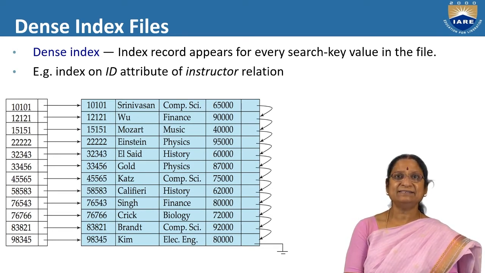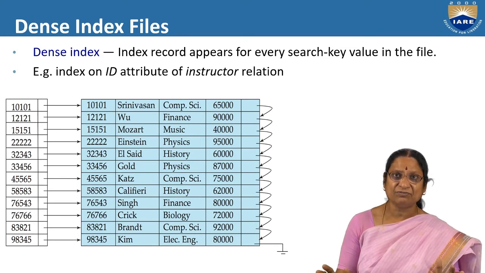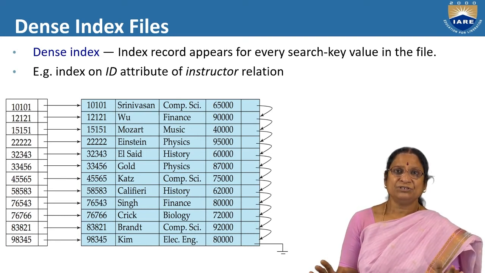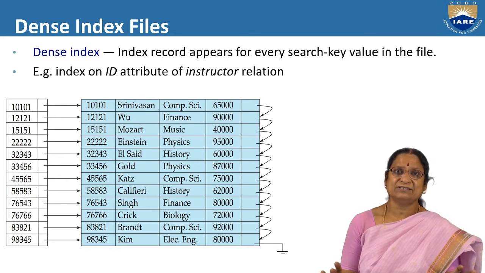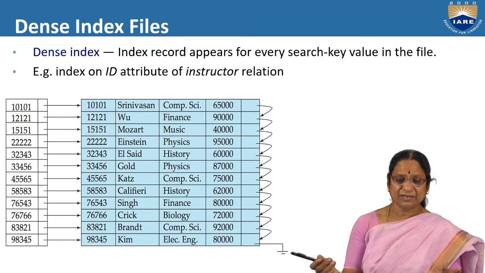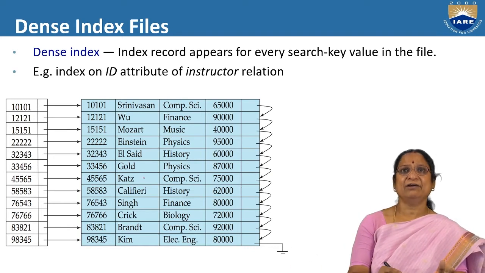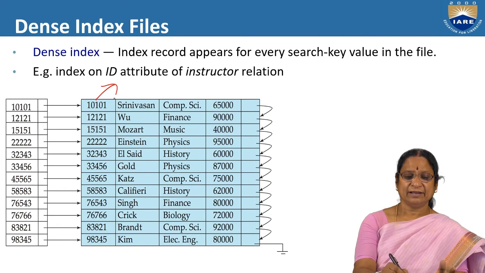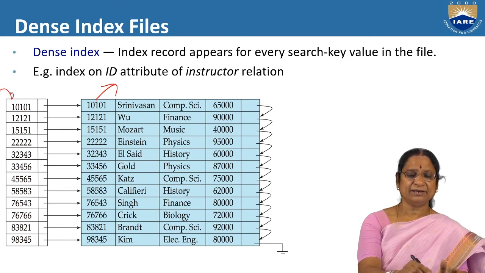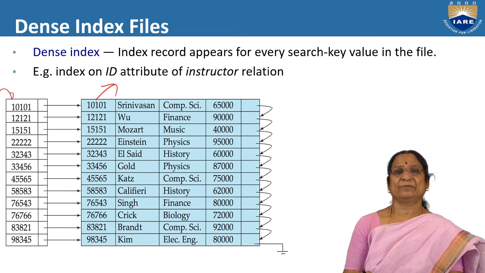In the case of a dense index file, all the search key values upon which the indexing was made are available in our index file also; then we will call it dense indexing. Observe here, if indexing has been made on ID, then each ID will appear in our index file.